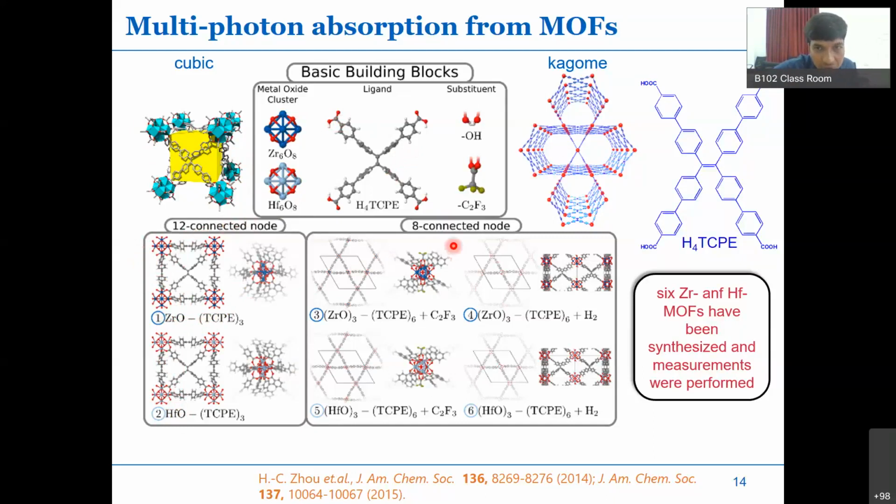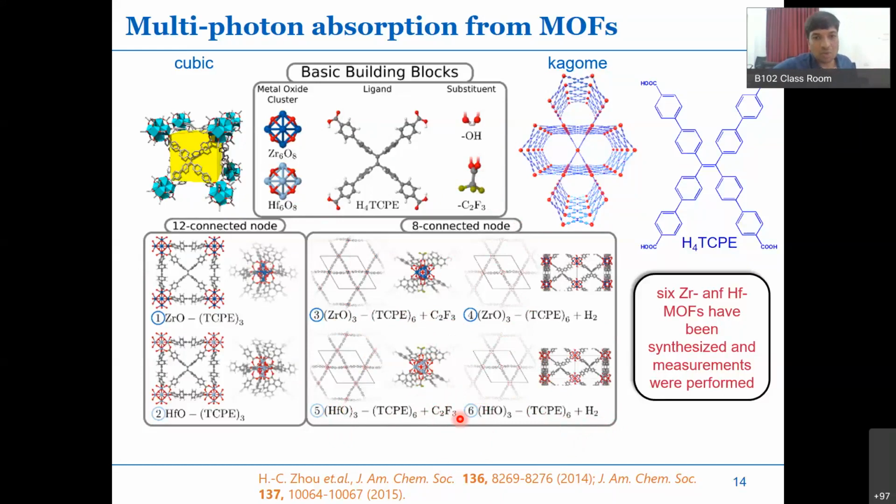But you have the 8 connecting node, which is typically the Kagome. In the case of zirconium, you have trifluoroacetate as well as hydroxide, which are going to be 3 and 4 respectively. Similarly, 5 and 6 are the hafnium frameworks, where the 5th one is trifluoroacetate followed by the hydroxide in the case of hafnium structures. So this is how we made the node labeling.